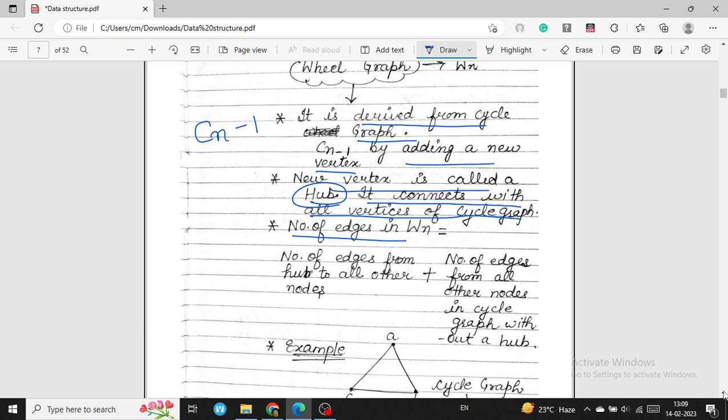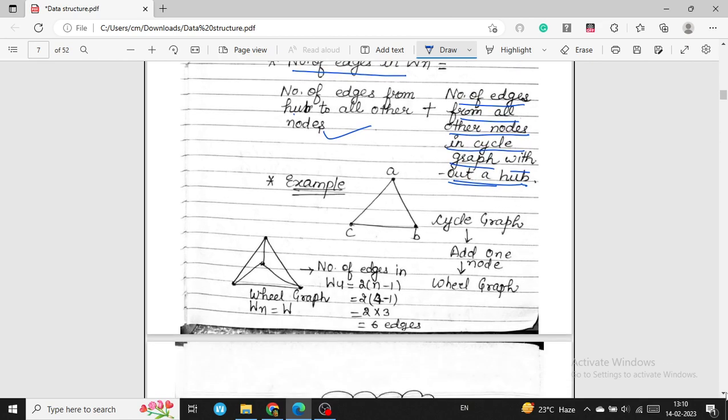The number of edges in Wn, the wheel graph, is equal to the number of edges from the hub to all other nodes plus the number of edges among all other nodes in the cycle graph without the hub. Both are added, then we get the number of edges in the wheel graph. You can take an example here. This is a cycle graph. When we add one node here, it draws edges to all other nodes and connects them, and this is a wheel graph.